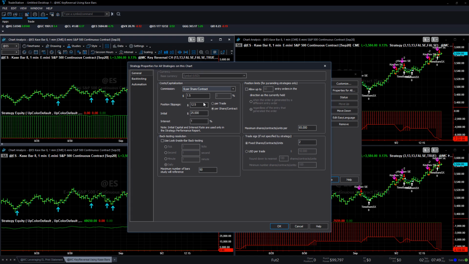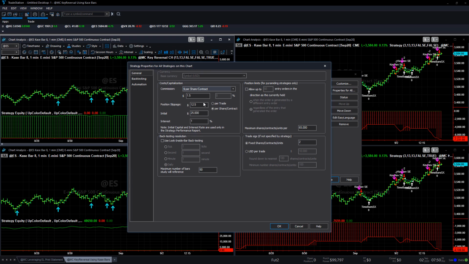Commissions are such a small part, though, of trading costs. A lot of times the bigger cost in trading is the slippage. When you're placing market orders, you're buying typically at the ask, you're selling at the bid. So that gap is the slippage that we want to factor into the strategy, just as a worst case scenario. So here I'm factoring in $12.50.